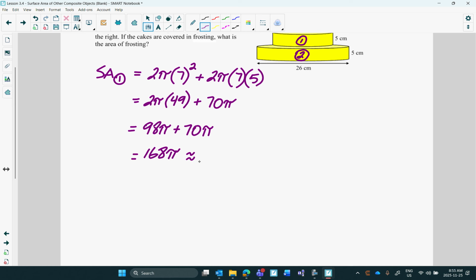One decimal place will be fine. Anybody? 527.8 centimeters squared. Okay, so that's the top layer.